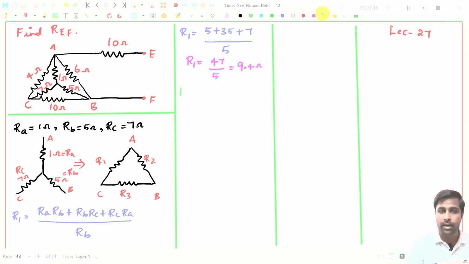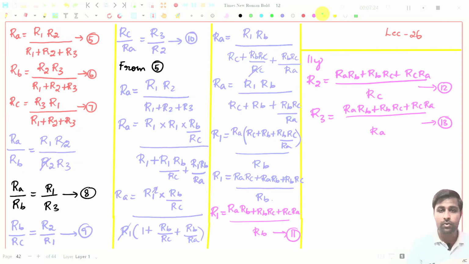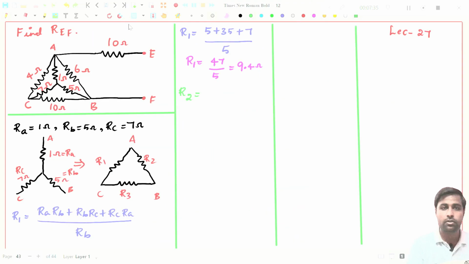So what is the formula to find R2? R2, the numerator will be the same, but the denominator is RC. The numerator will be the same, that is 47.